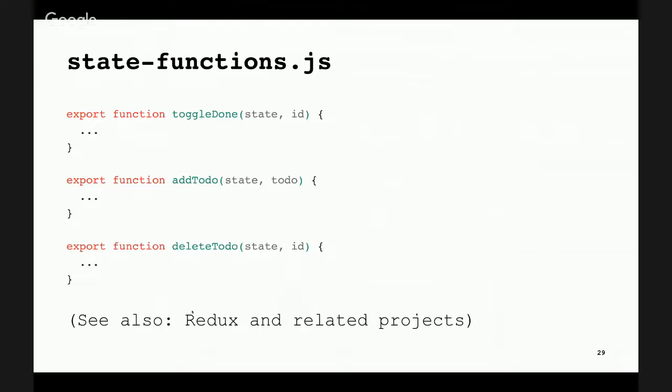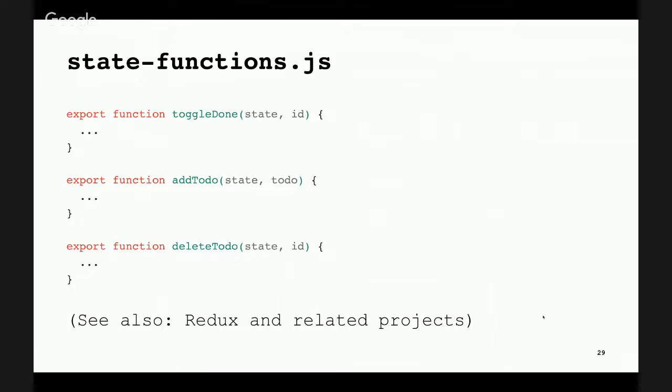So for example, in this application, the to-dos one, I've got a file called statefunctions.js. And this exports three functions, one called toggleDone, one called addToDo, and one called deleteToDo. Each of them take the state of your application, so a big list of all the to-dos, and some extra information they need, and they return the new state, which has had some transformation applied to it.